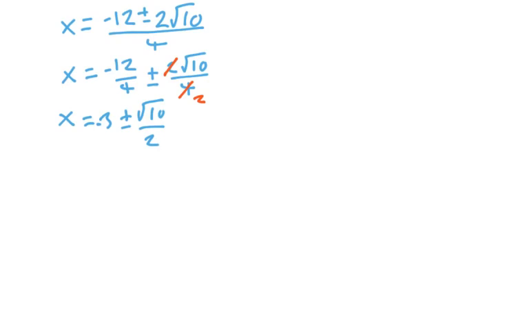Since I'm going to be doing this for graphing purposes, it would be kind of nice this time if I could find a numerical approximation to what those numbers are. So I would get my calculator out again, and I would separately calculate what is negative 3 plus the principal square root of 10 over 2, and what is negative 3 minus the principal square root of 10 over 2.